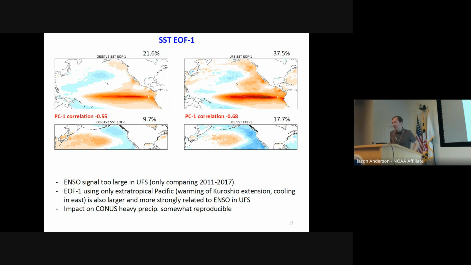And so that might have some implications on heavy precip, definitely. And also the imprint on the extratropical SST seemed pretty strong. But anyways, if there are any questions, thanks.